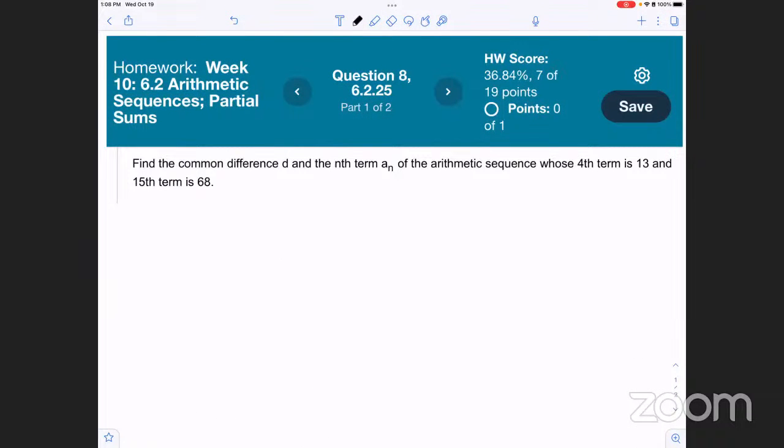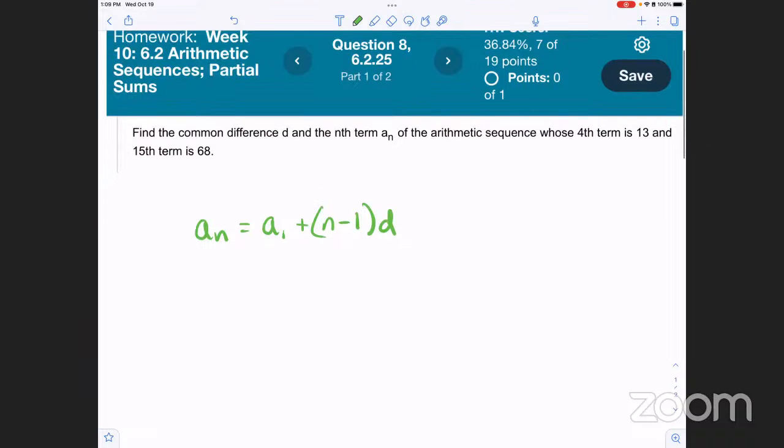All right. So, common difference of an arithmetic sequence. If we're working with an arithmetic sequence, then the nth term is going to be the first term plus n minus 1 times the common difference. They're asking us to solve for the common difference. It says the fourth term is 13.